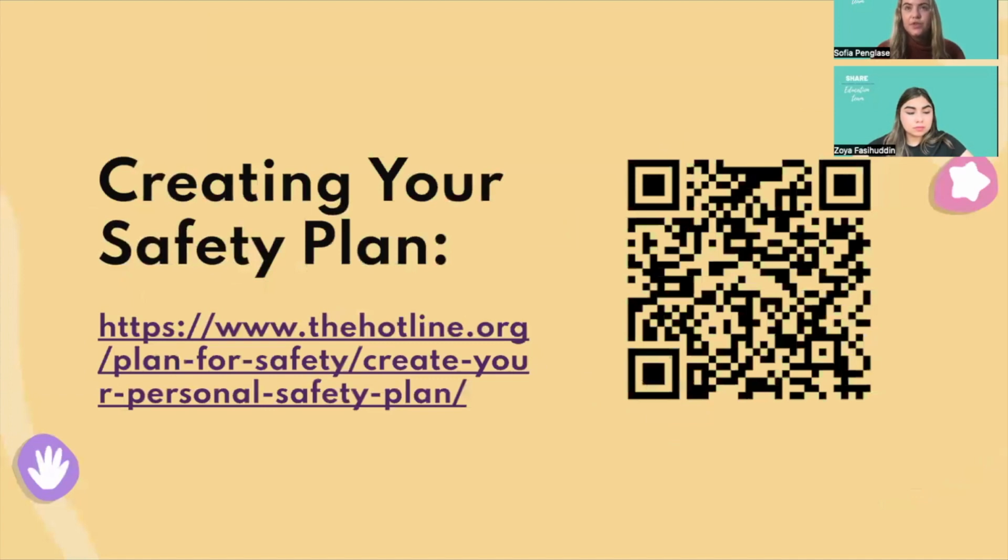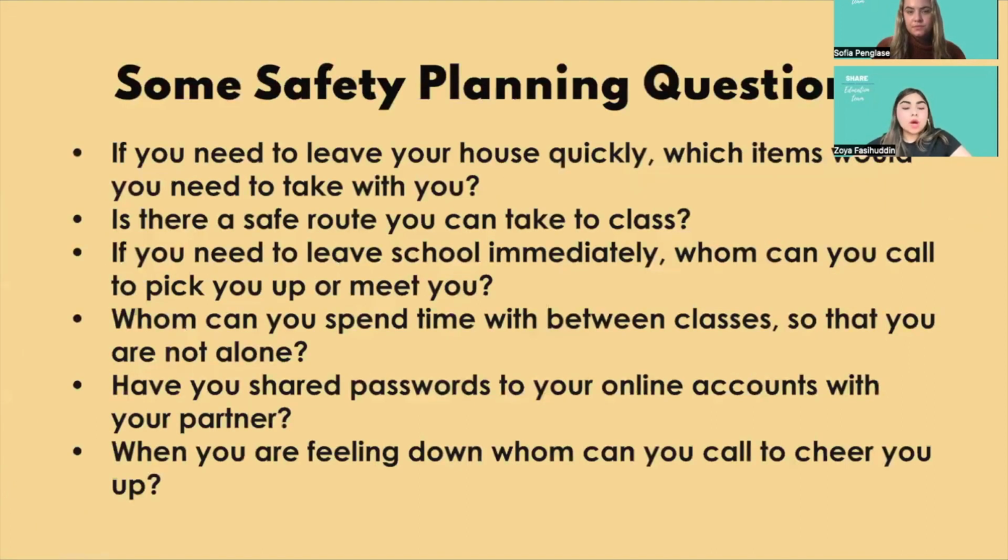This link will direct you to an online tool for creating your personal safety plan created by the National Domestic Violence Hotline. This tool and other similar ones available online will ask you a series of questions to help you identify safety options and actions you can take to increase your safety. Here are a couple of questions that might be included in safety planning tools.